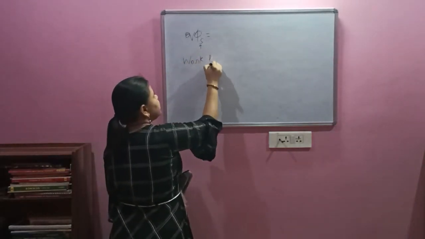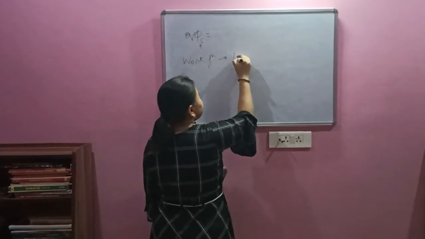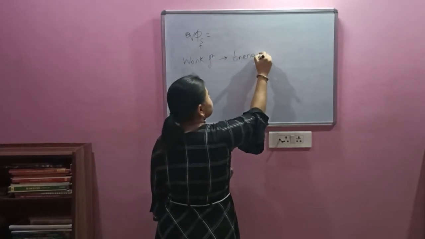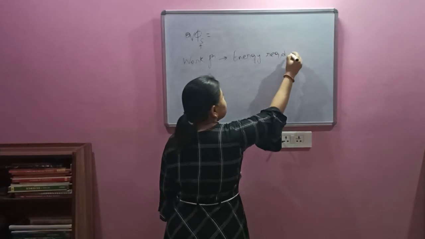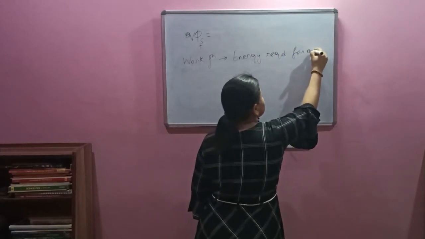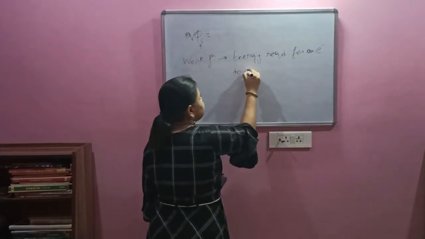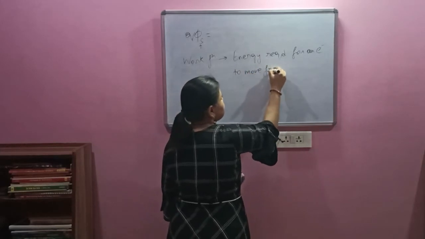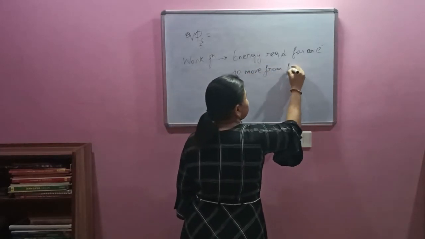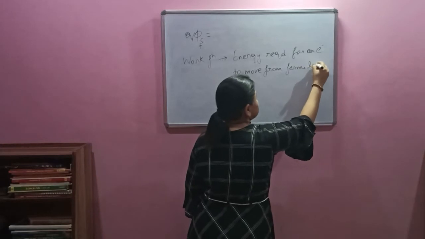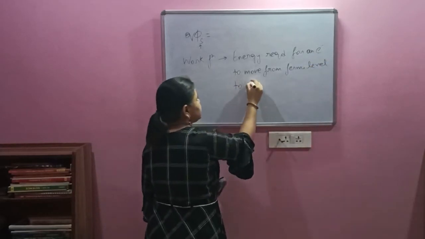I'll write it over here. Work function means the energy required for an electron to move from the Fermi level to free space.